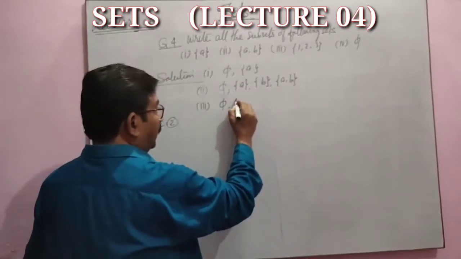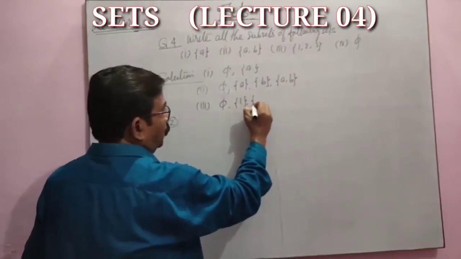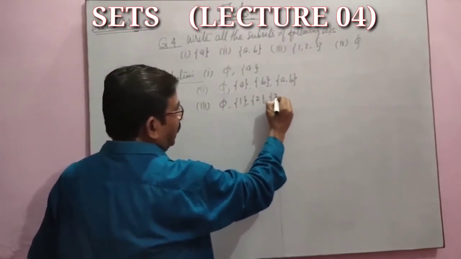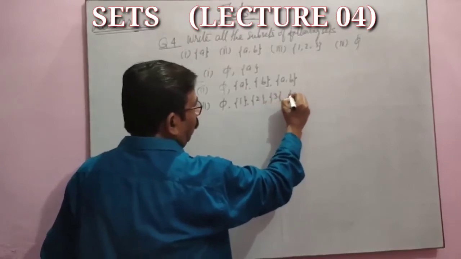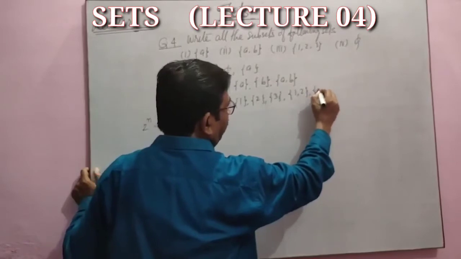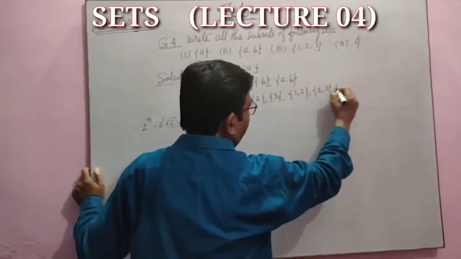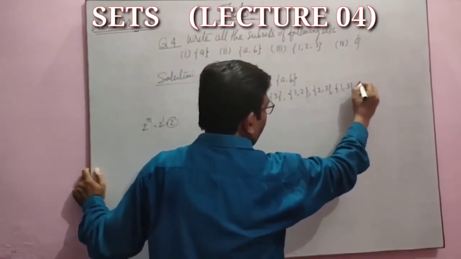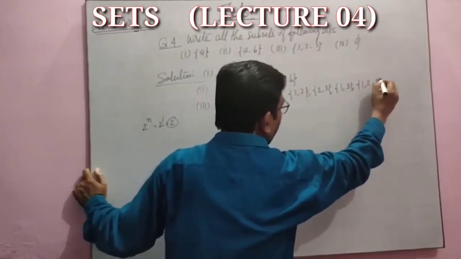After that you can write 1 alone, 2 alone, 3 alone, 1 and 2, or 2 and 3, or 1 and 3, or 1, 2, 3 all together.